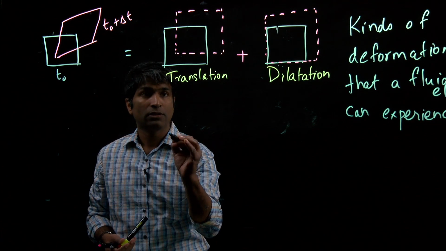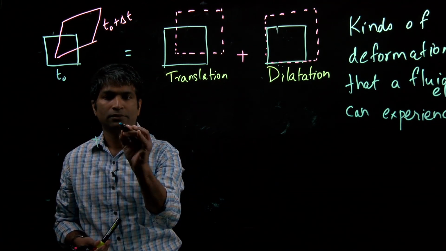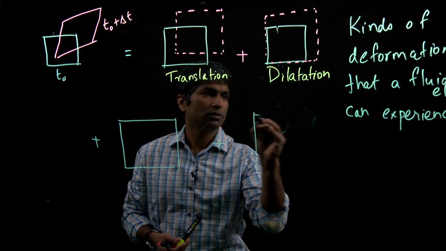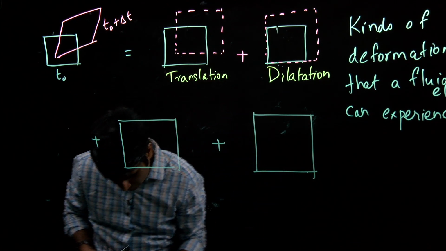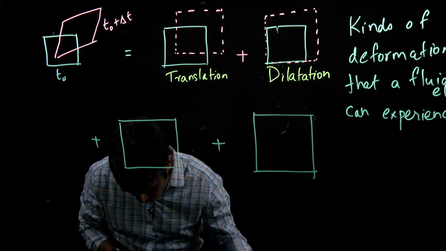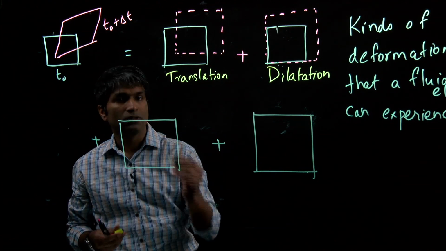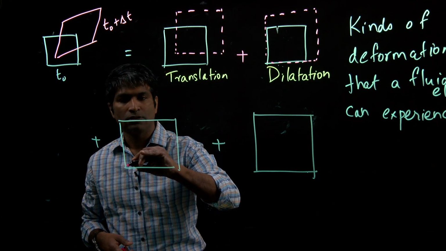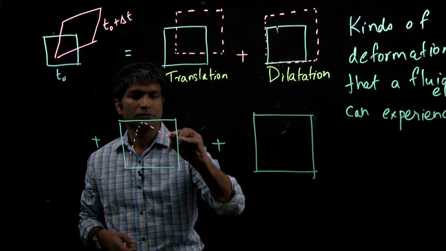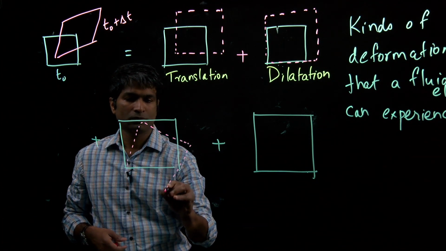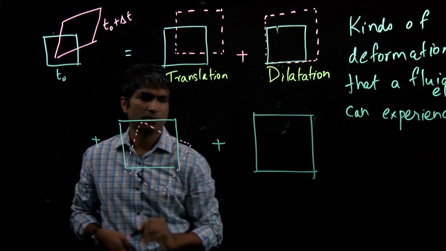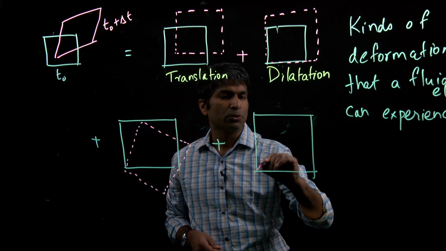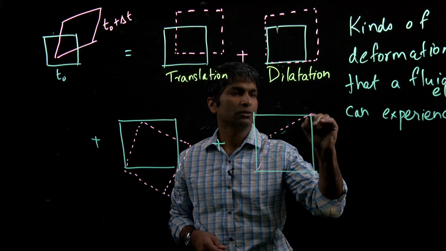We have a third. This would just be rigid body rotation around some axis. And the fourth is pure shear deformation.